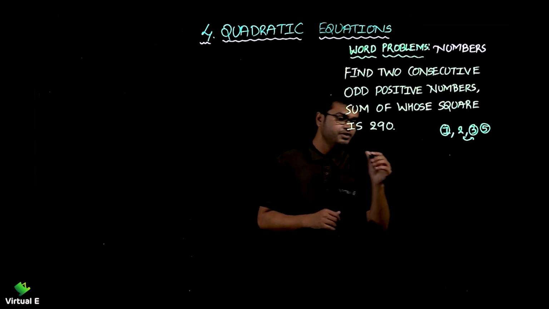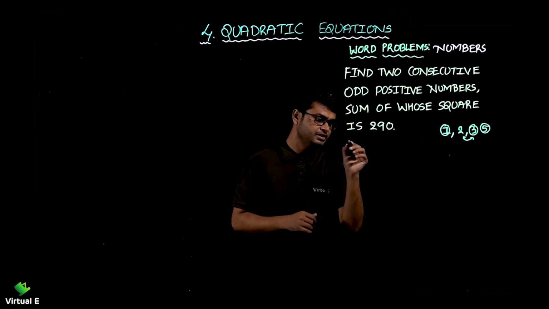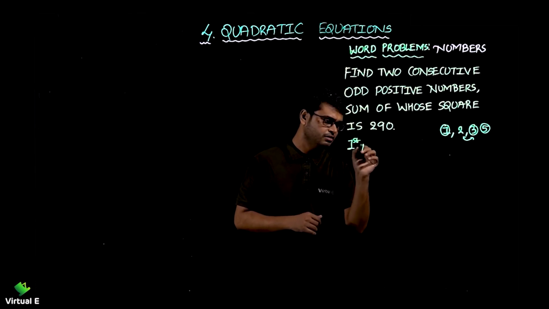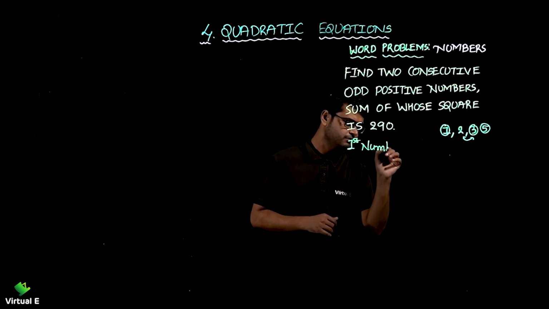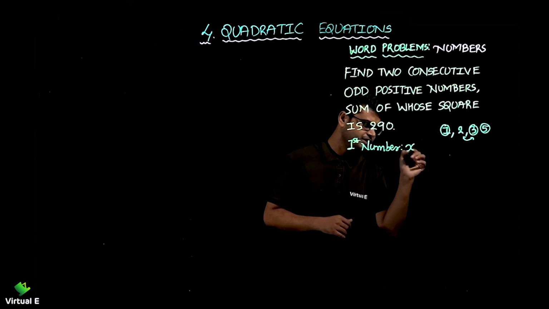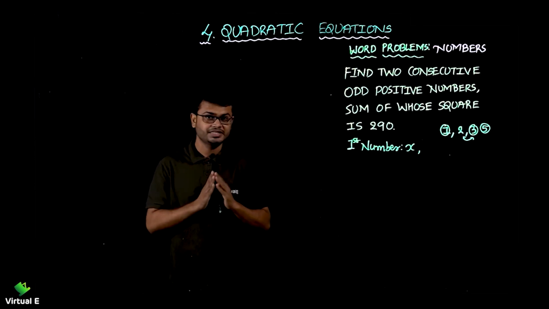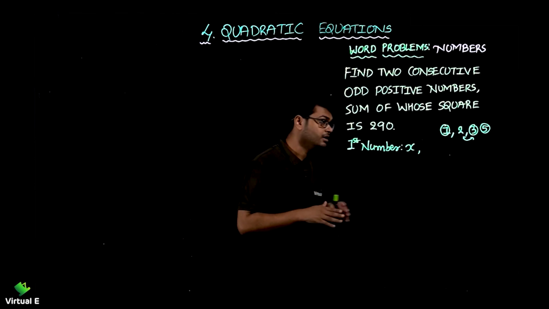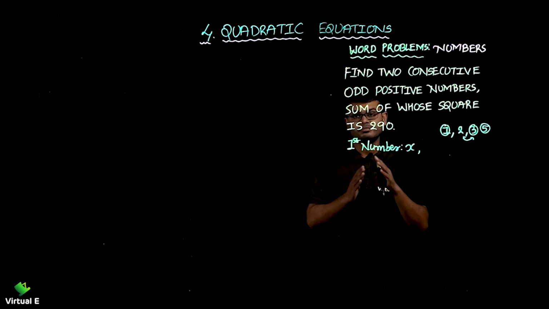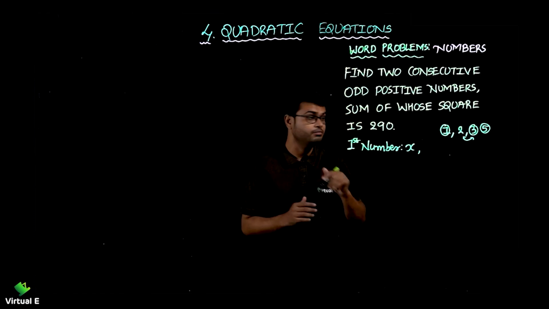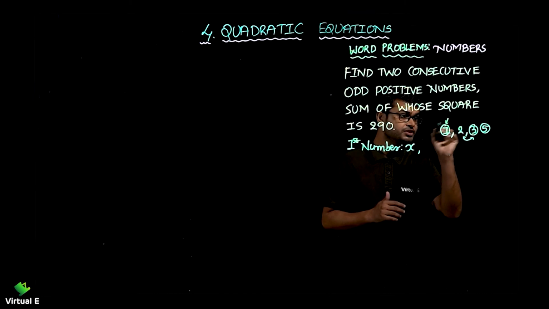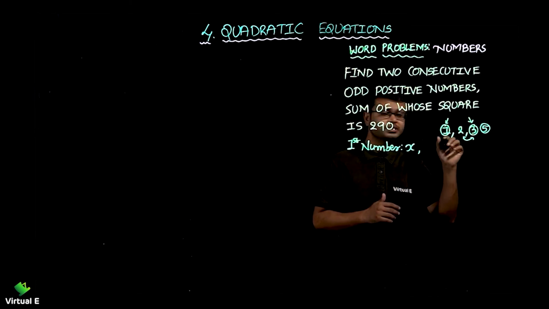So if I take the first number as x, what will be the second number? Now let's understand the relation between two consecutive odd numbers. This is the first odd number, and this is the second one.